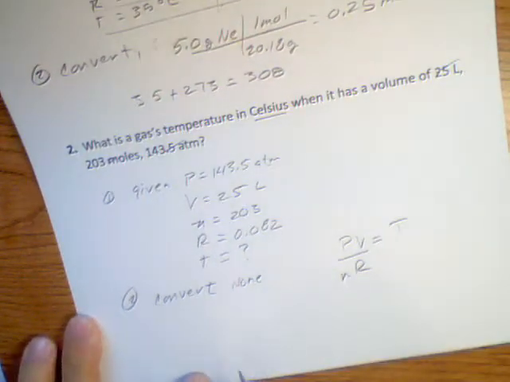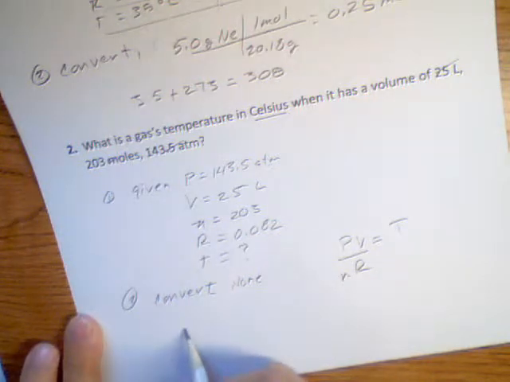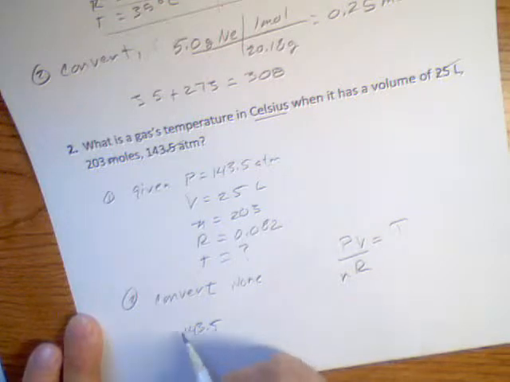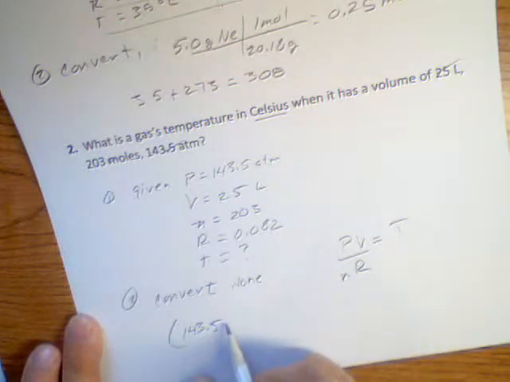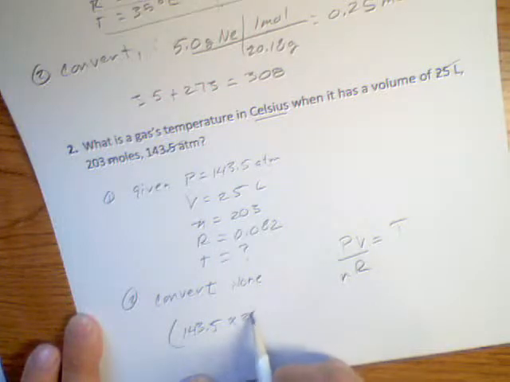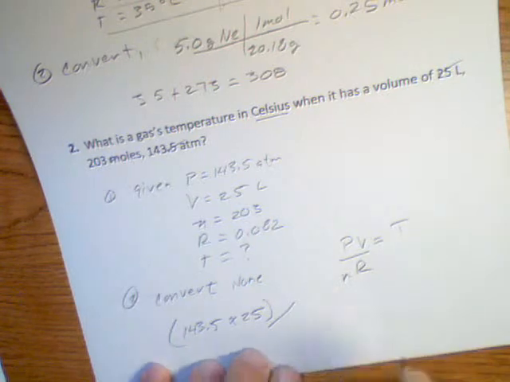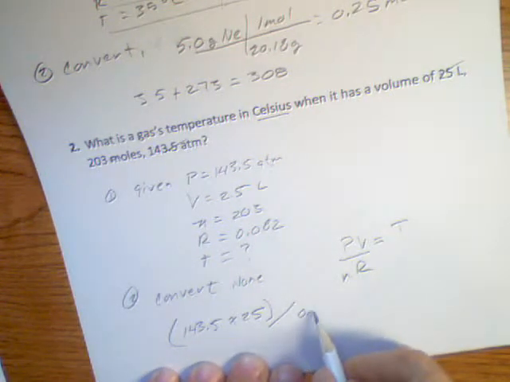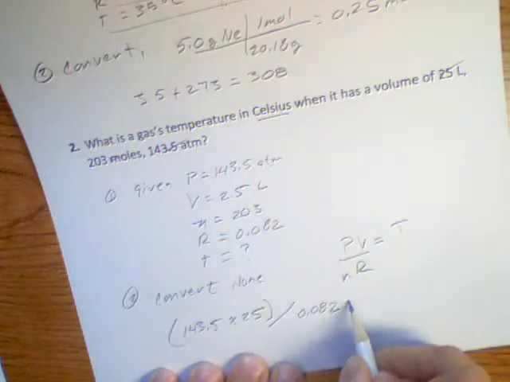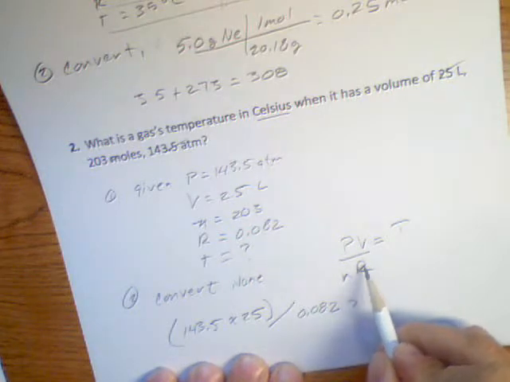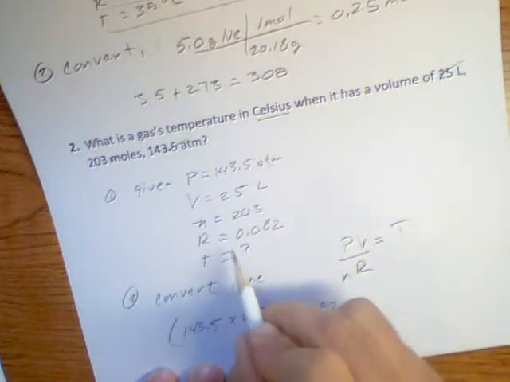All right, so the P is 143.5, and start with the parentheses, times the V, which is 25, divided by n, which is 0.082, times the n, which is 203.